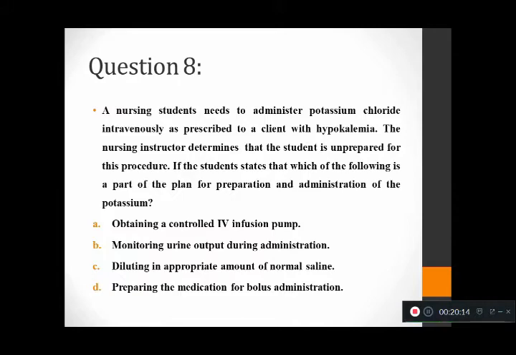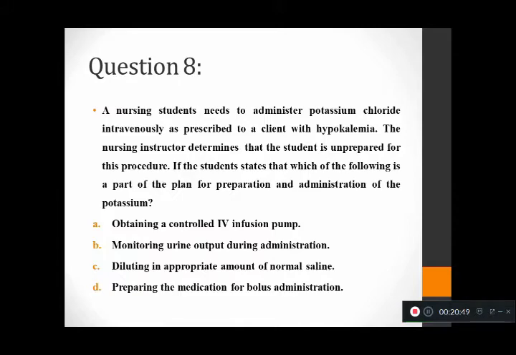Usually, potassium chloride is diluted in normal saline solution, and dextrose solution is avoided because this type of solution increases intracellular potassium shifting. So usually we give potassium chloride diluted with normal saline. We will not go for dextrose solution because it increases intracellular potassium shifting.